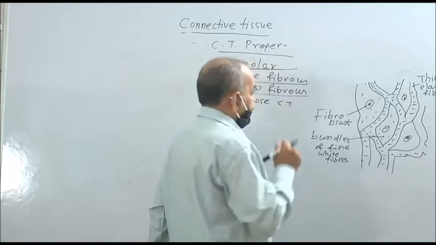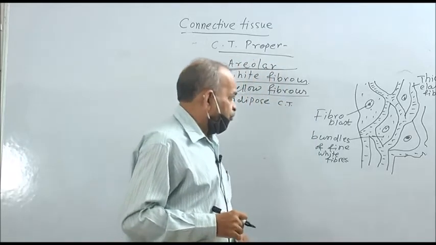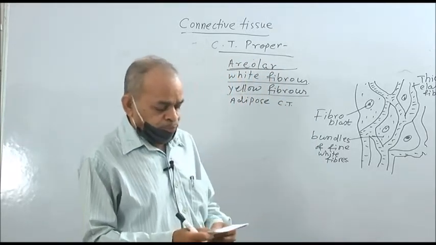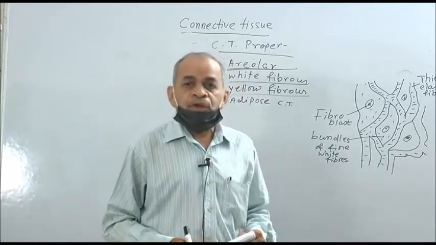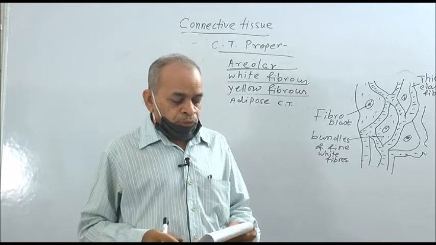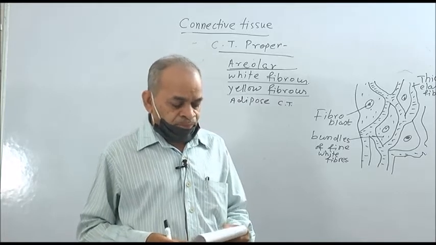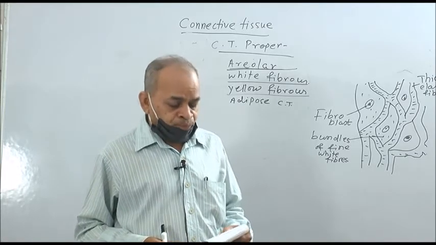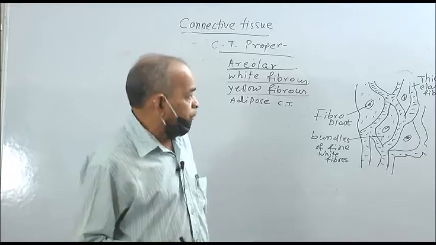So, this is the yellow fibrous connective tissue. This is also a modification of areolar tissue. This consists mainly of parallel bundles of yellow elastic fibers.